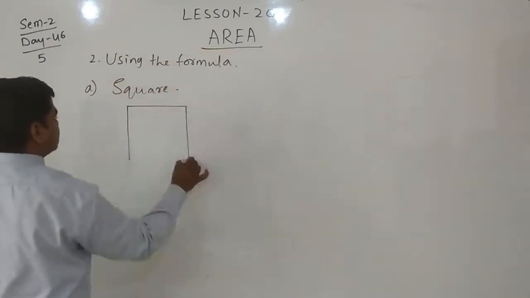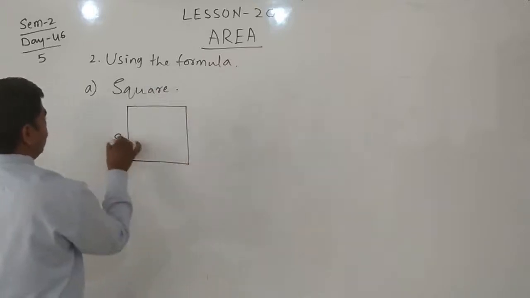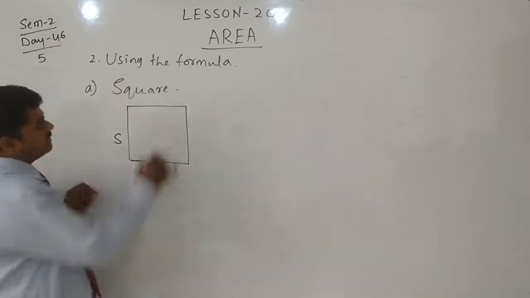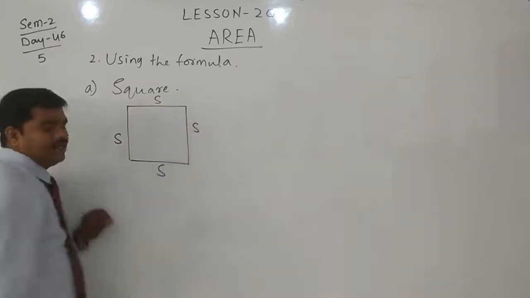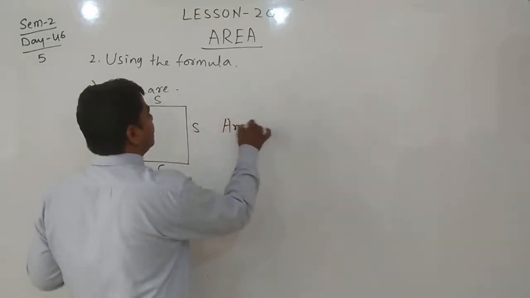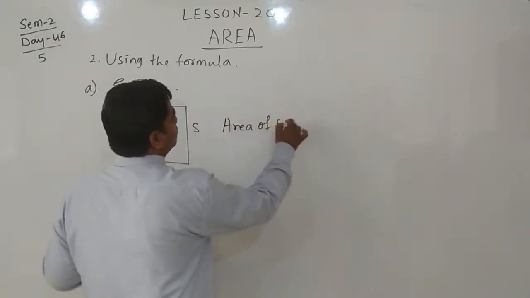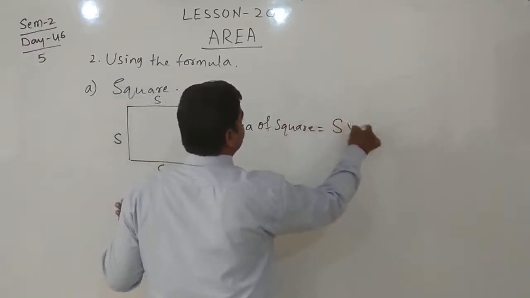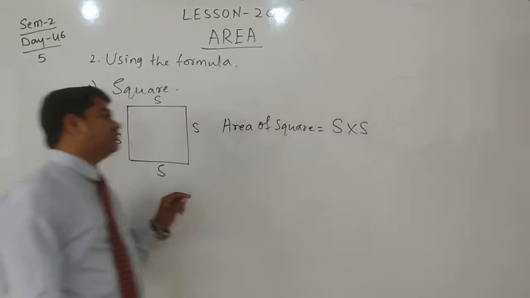Square has 4 sides. All side lengths are equal, we can name it small s. Then area of square is equal to s into s.